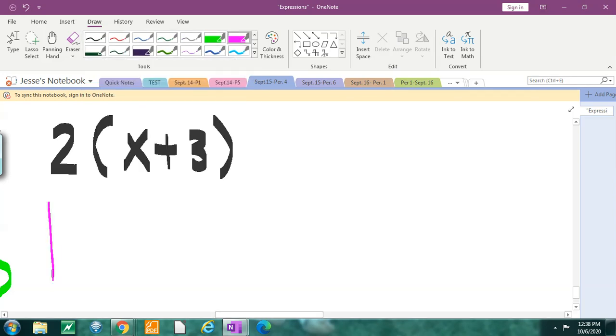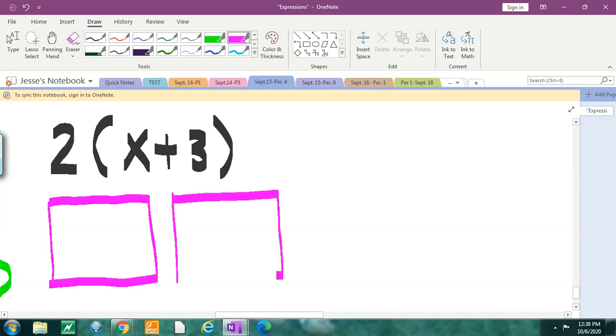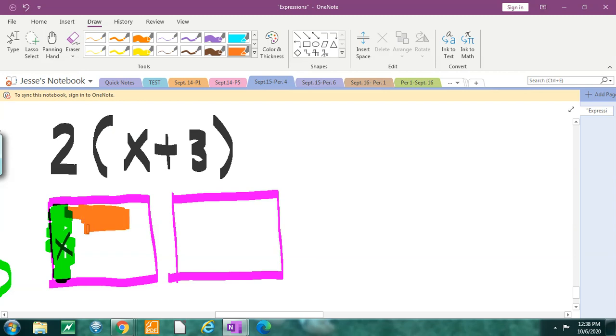You got 2 groups, right, of your x. So I'm going to go ahead and draw, like, all this can be my x. Okay? And let me put a number here. This is your x. And then of plus 3. So I'll put a different color. And you don't have to color it. You could probably just put a line like that if you don't have. But I'm just showing you colors so you could see it.